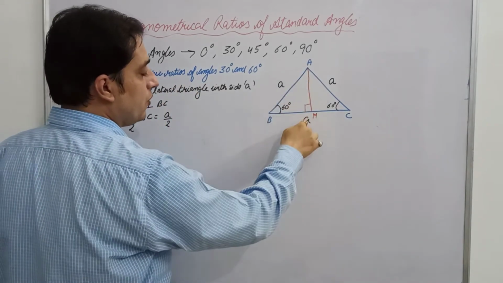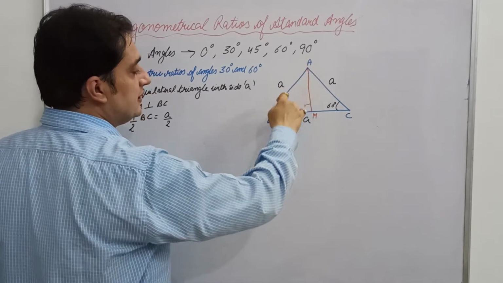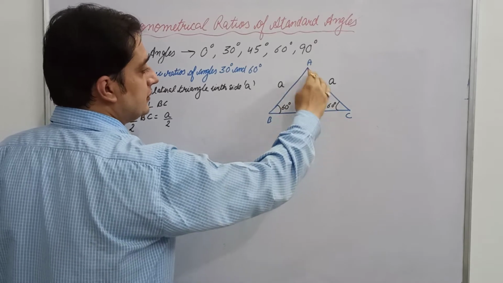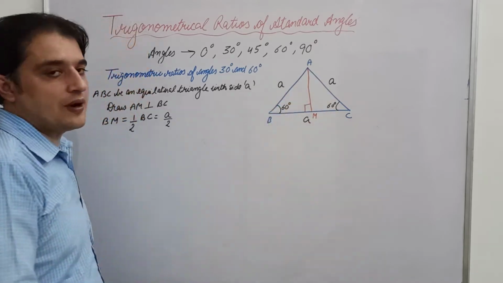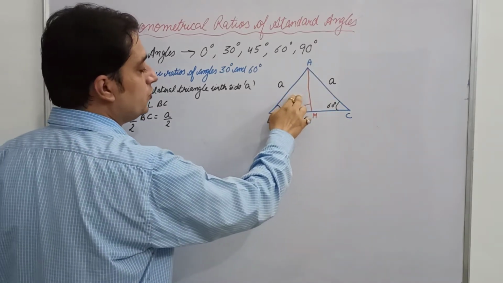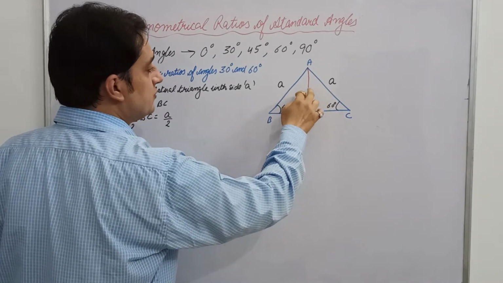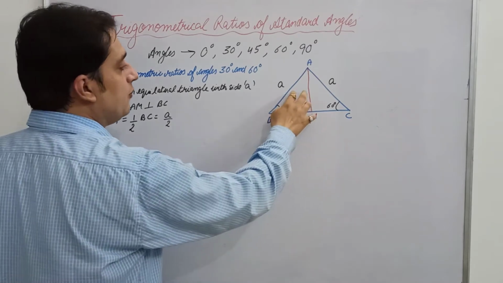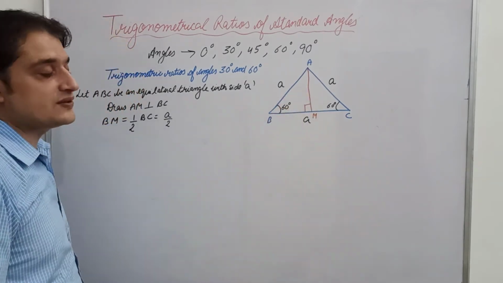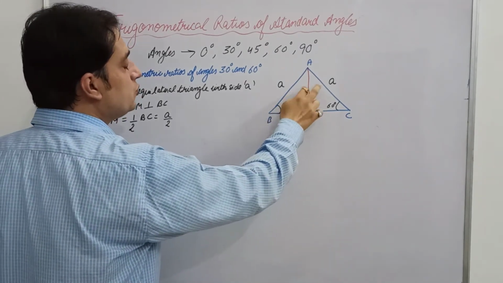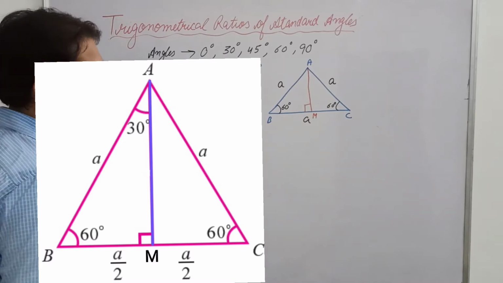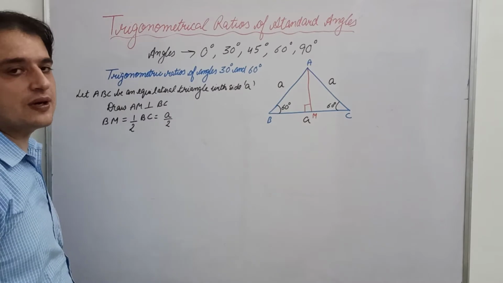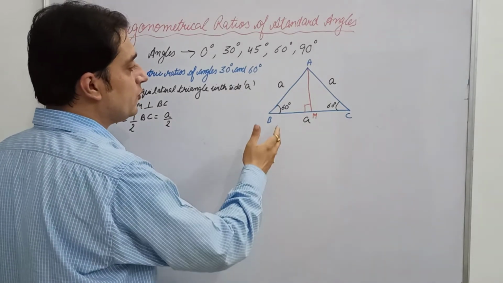When you draw this perpendicular, it divides the equilateral triangle into two triangles that are right angle triangles, and both have the same area because these two triangles are congruent. How can you prove it?